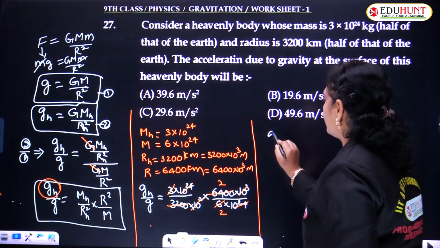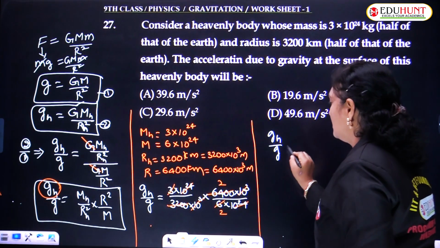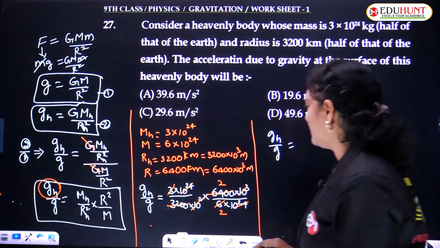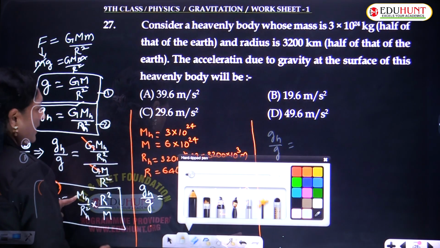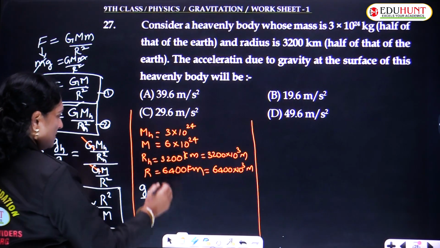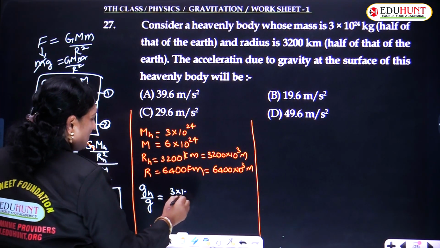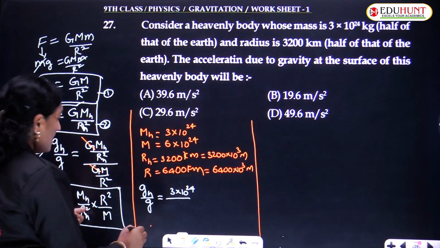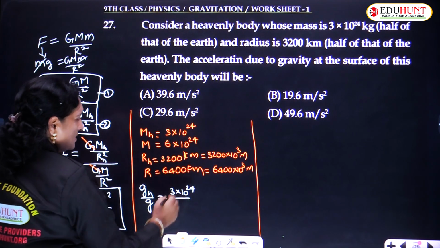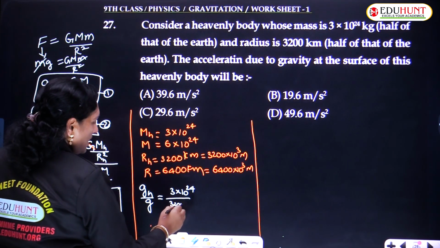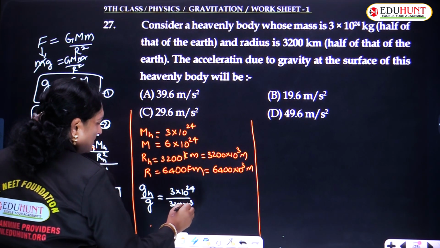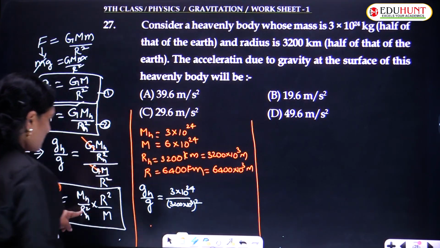So GH upon G is equal to, this will actually be squared, children. MH, what is the value of MH? 3 into 10 power 24 upon RH. What is RH? 3200 into 10 power 3, whole square. Square is there, no?